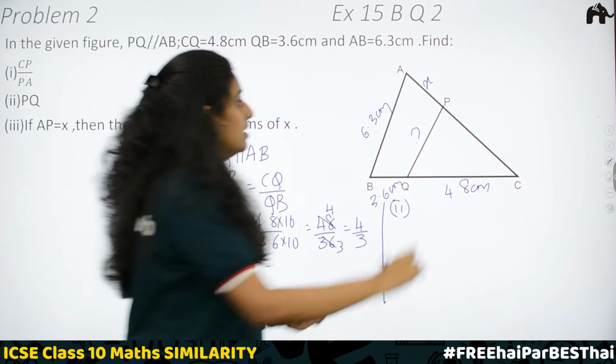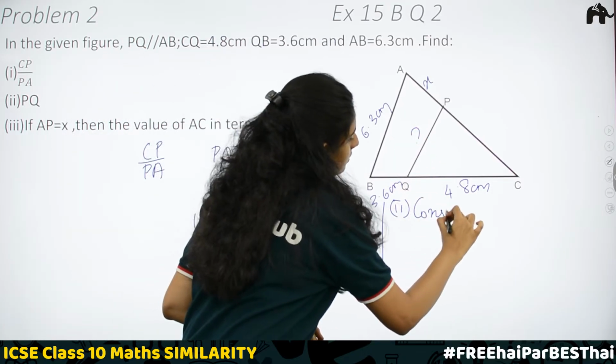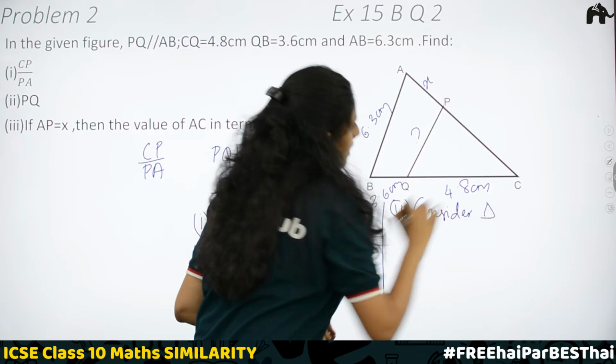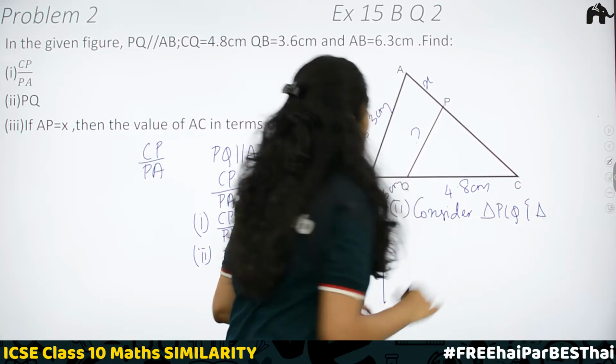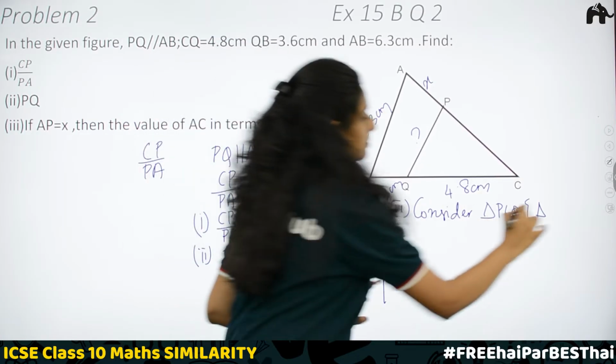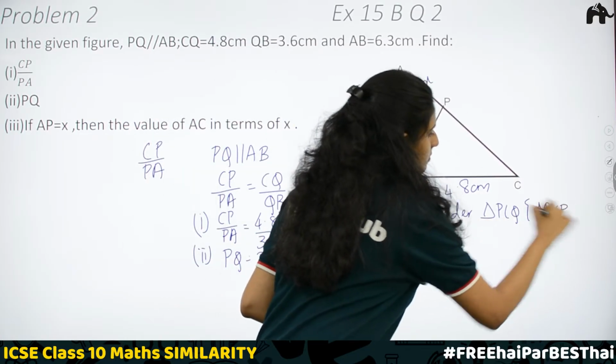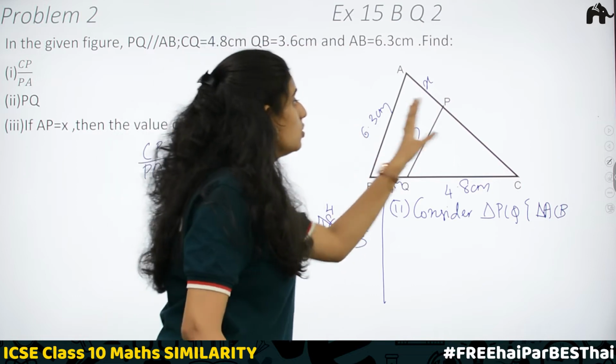So second question, consider triangle PCQ and triangle ACB. We need to show they are similar.